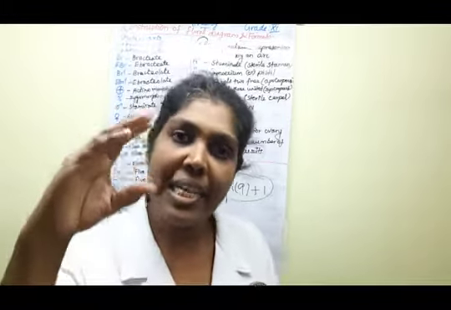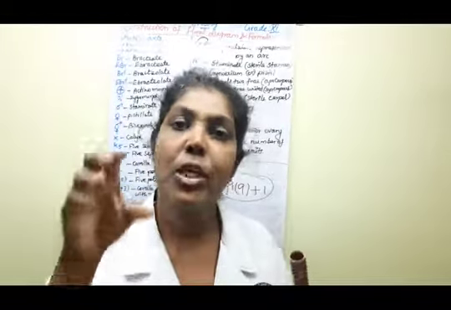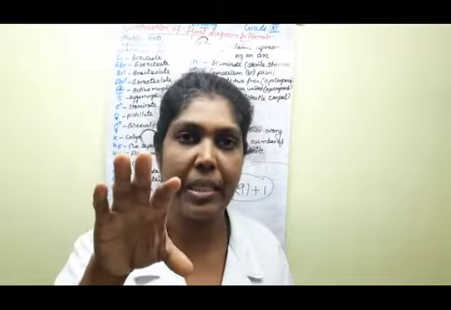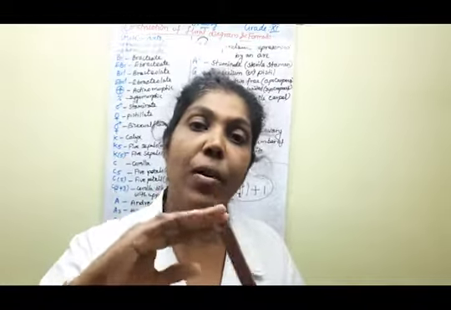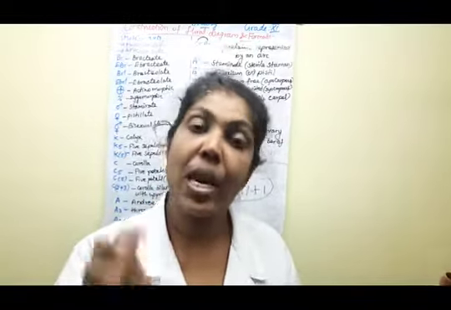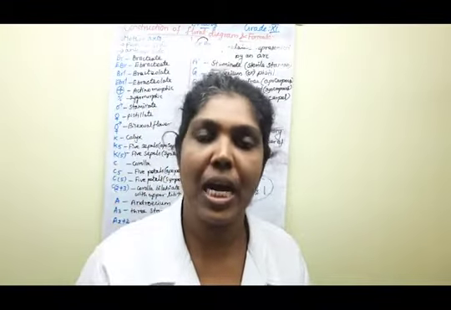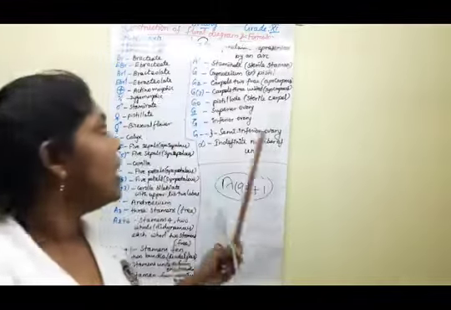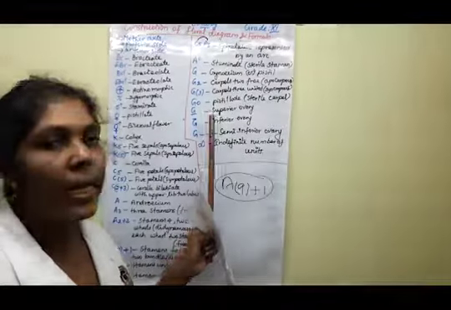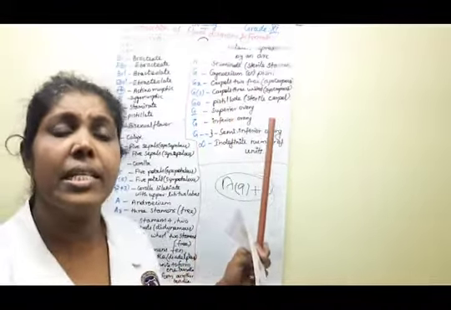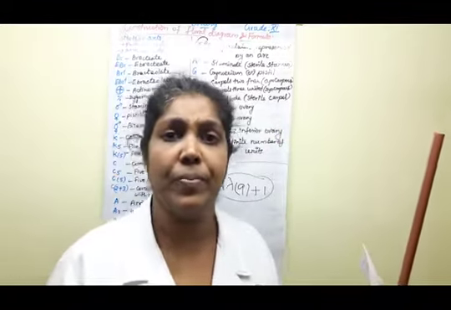If the three carpels are united, you have to put a bracket. In the free condition, no need to put the bracket. If it is fused, you must put a bracket. Understood, children? Yes, good.